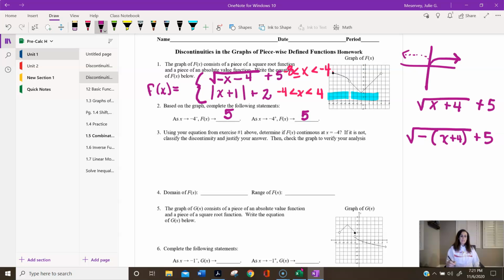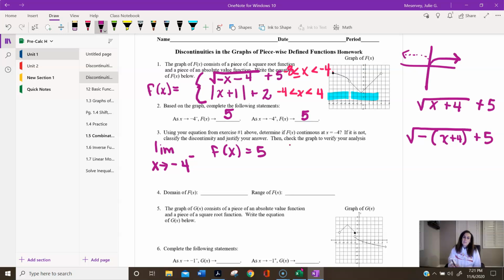So number 3, let's write the limit. It would be the limit as x approaches -4, little minus from the left, f of x equals 5.